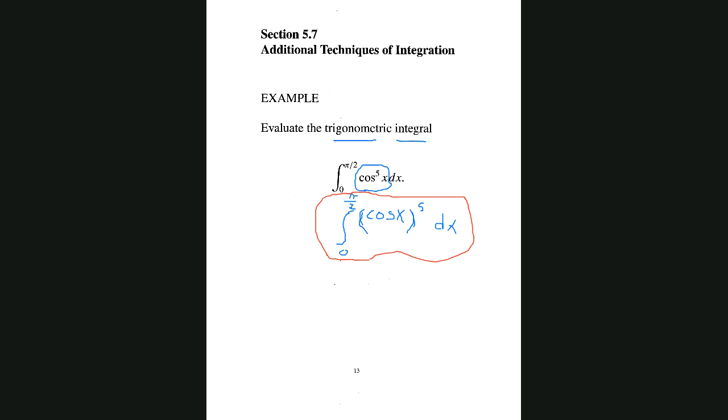That's right. Because if you graph the cosine of x between 0 and 90 degrees, between 0 and pi over 2, all the area is positive. So if you take that positive area and raise it to the 5th power, you're going to get a positive answer.